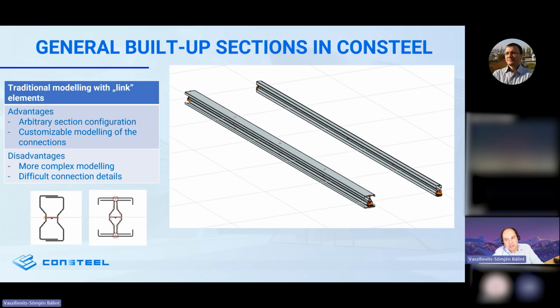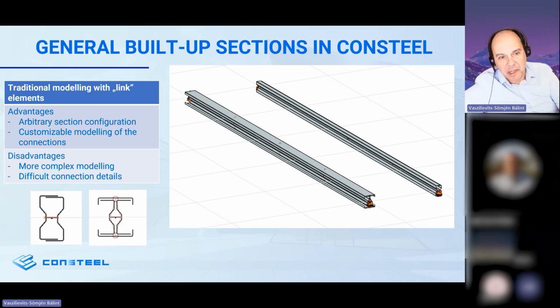But when also with other softwares, such double profiles are used, basically silently, it is always assumed that the two profiles will move together. Because if that's not the case, then I cannot just merge the two profiles into one. Then the only option remains what we always had in Consteel, to define two independent, or as many as required, independent reference lines and make the connections as required.